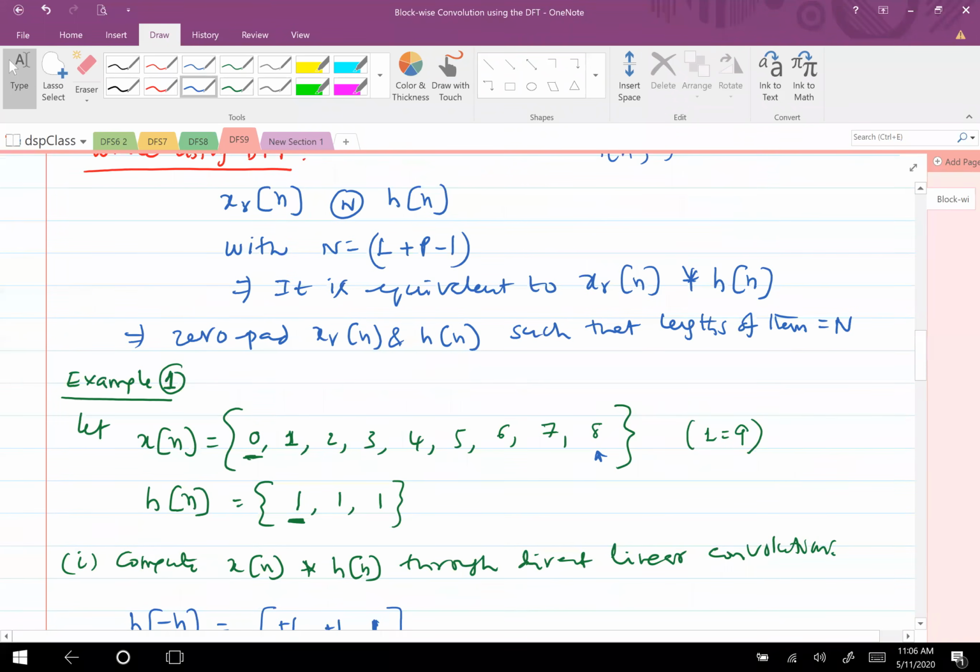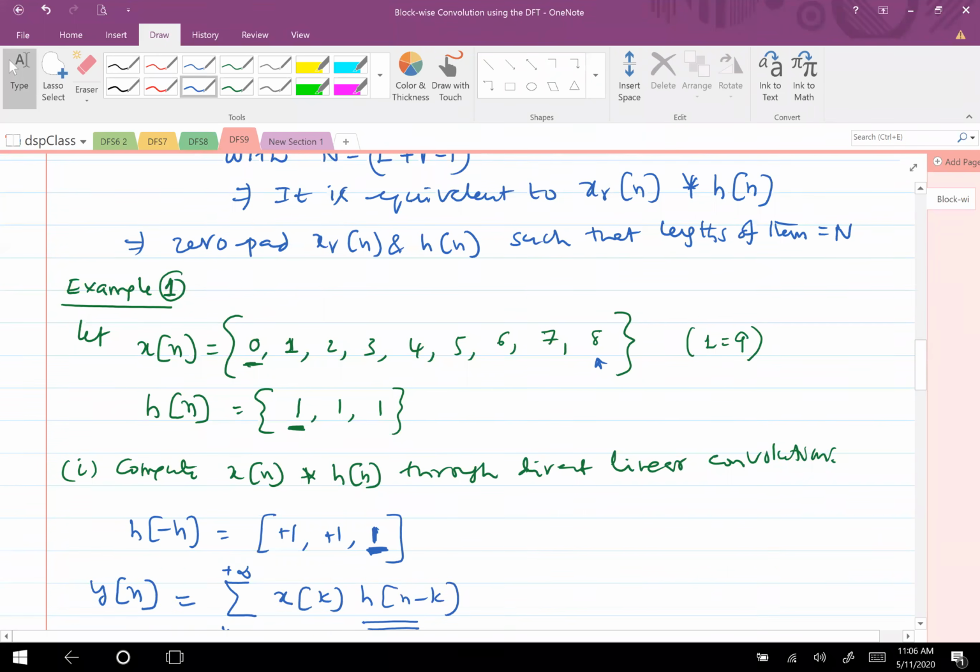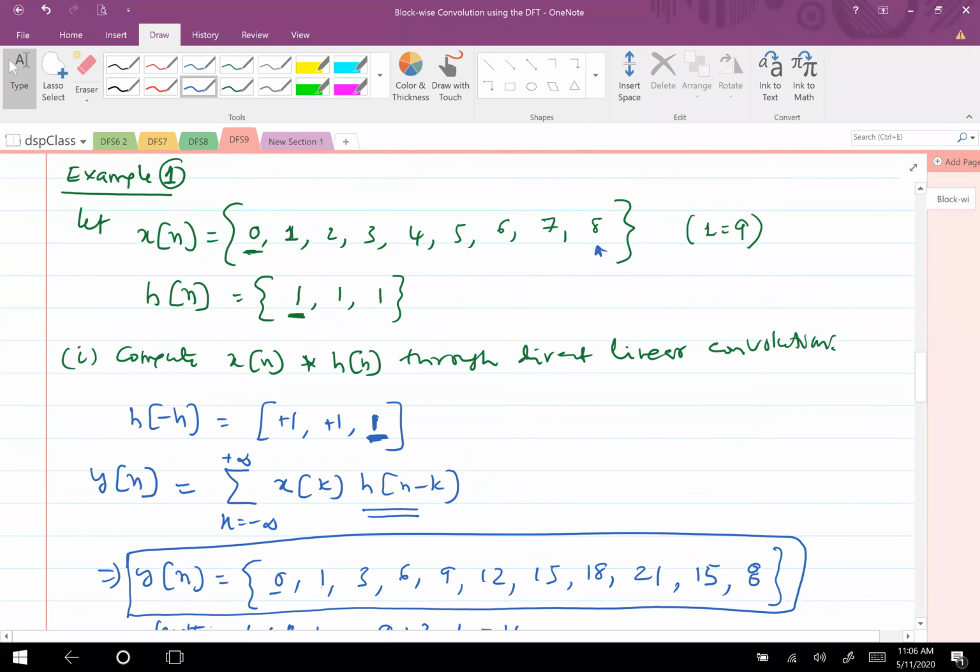So that's all. We have taken an example here, which is discussed in detail in the video. First we did direct linear convolution. Second we did blockwise linear convolution. Third we used the N-point DFT here. How many blocks have we taken here?